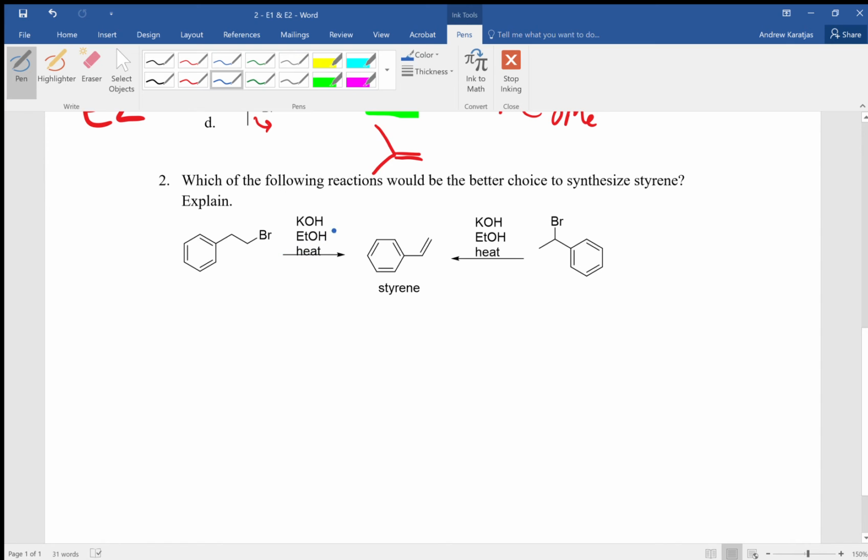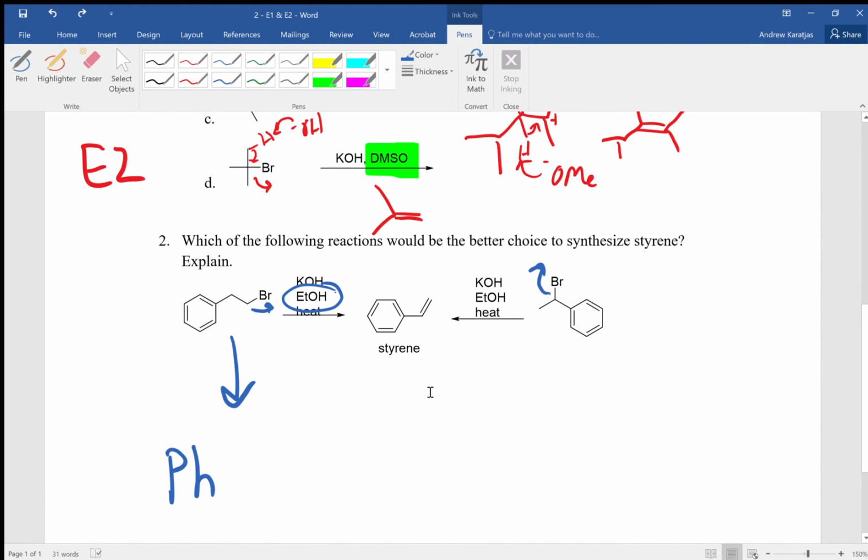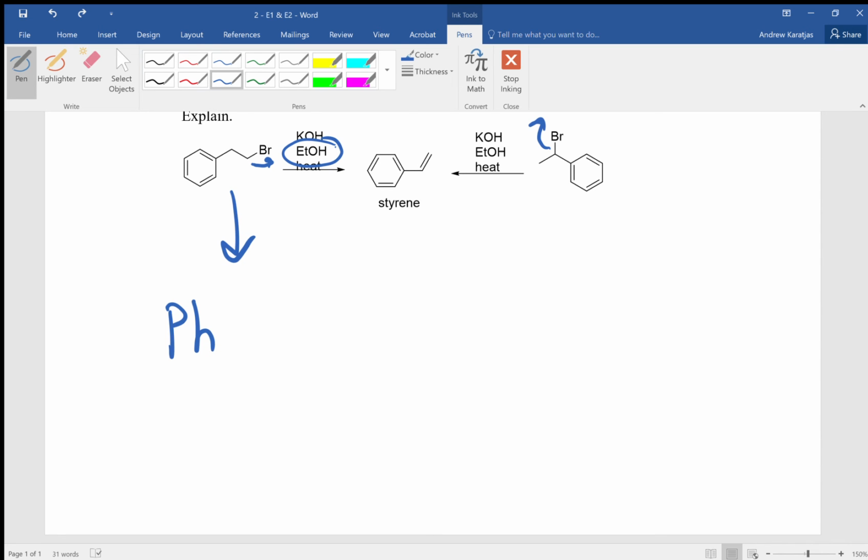So given the protic solvent of ethanol, we know the first step would be the leaving group leaving. Just going to abbreviate our aromatic ring here with Ph. And that gives us a primary carbocation.